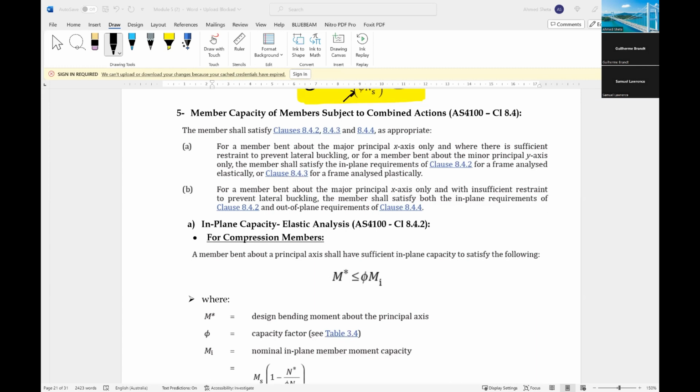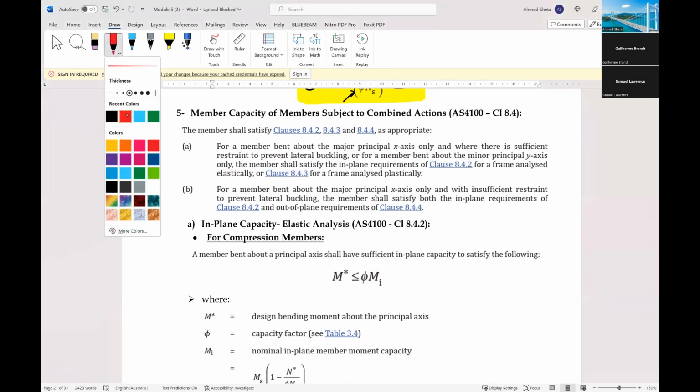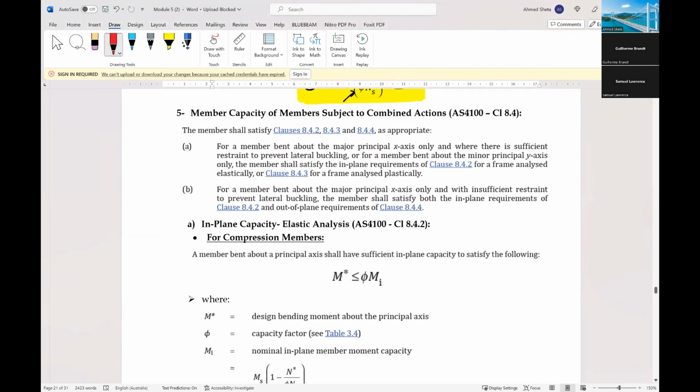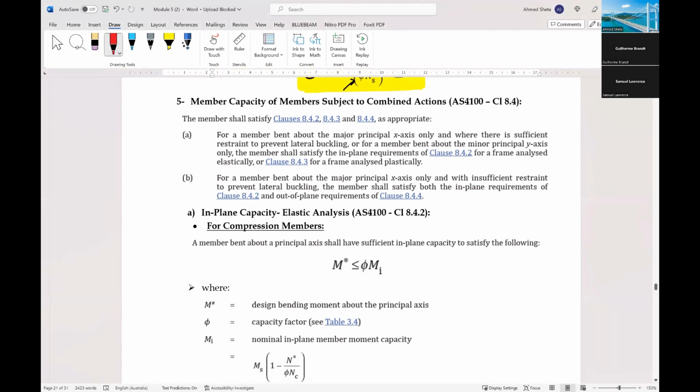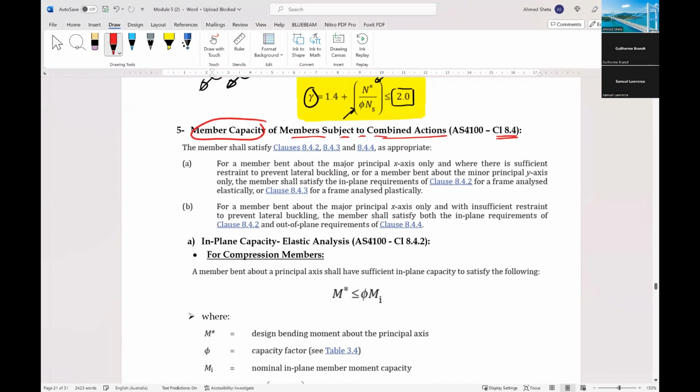So in the previous part, we have finished the section capacity of members subjected to compression and combination of compression and/or normal force and bending moment. And now we are looking at the member capacity of members subjected to combined action according to clause 8.4. Again, the combined actions are normal forces and bending moment, so we have N and M, which can be found in members in frames.